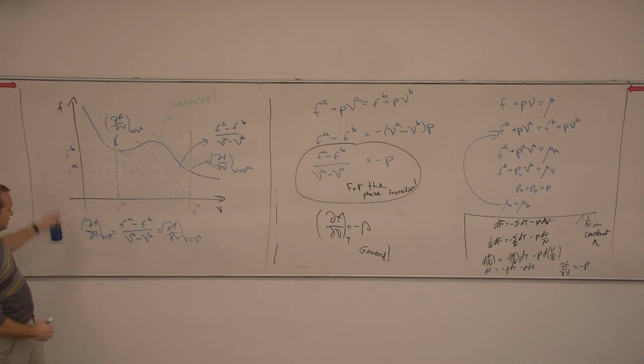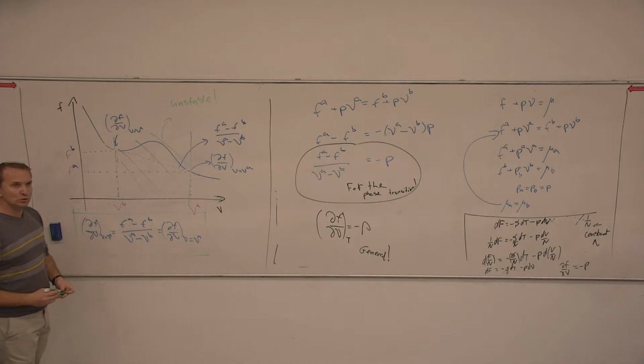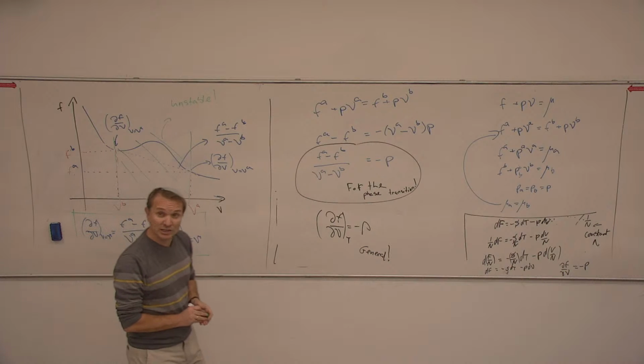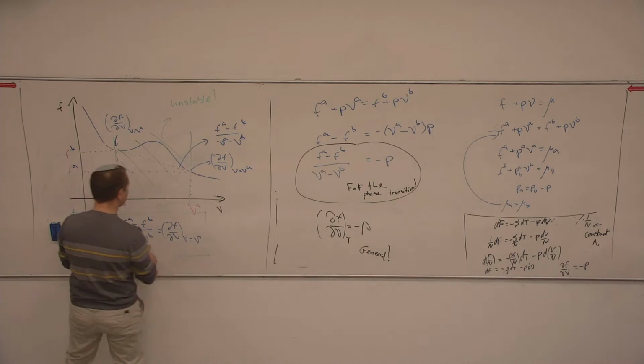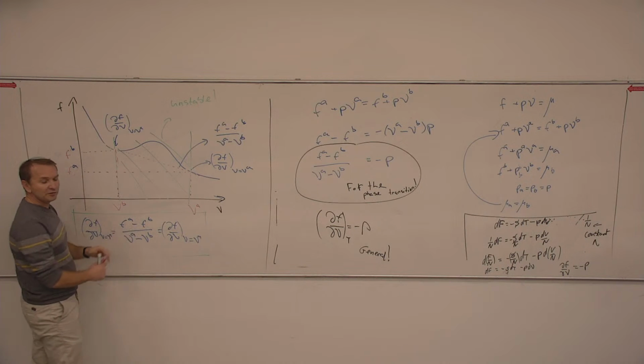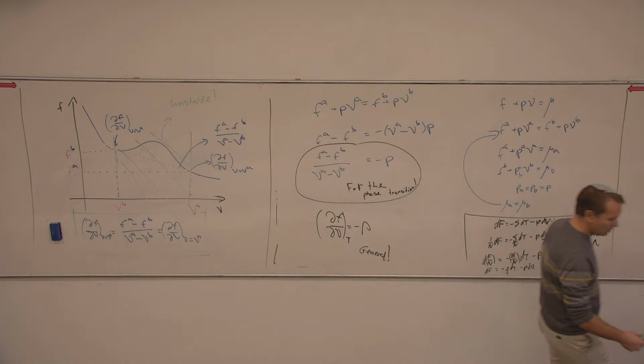Okay? And this is the criteria that we can use in order to find those critical points. Okay? Those volumes at phase transitions and the free energy at phase transitions. So this is nice.